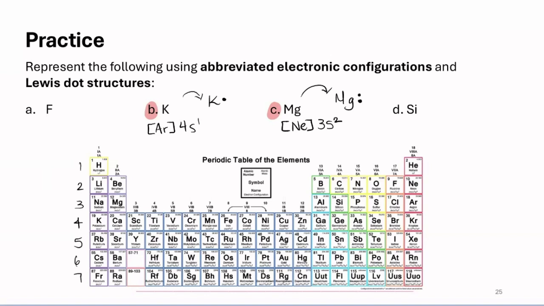Another way to easily look at the number of valence electrons is looking at the group number, but remember that this just applies to representative elements.